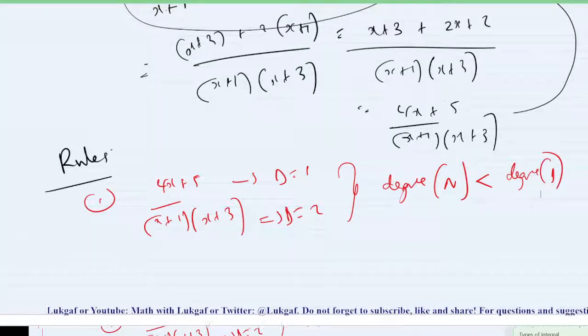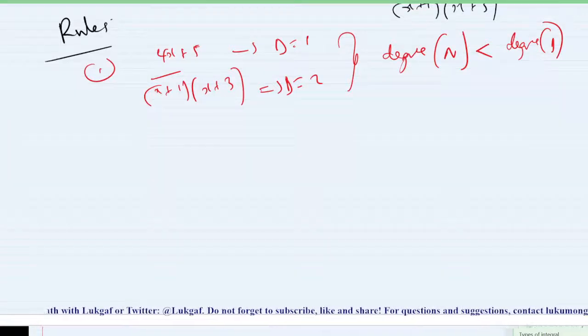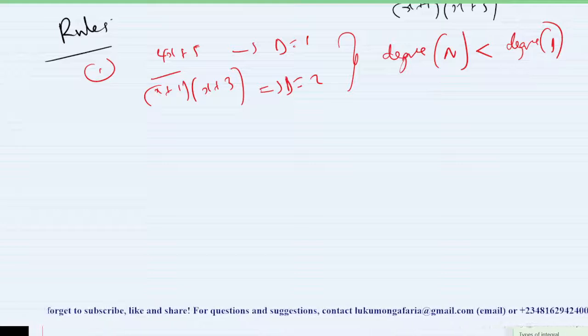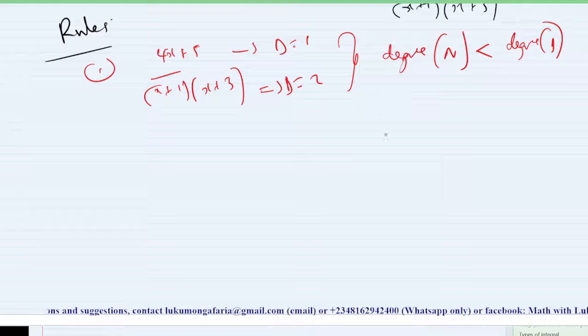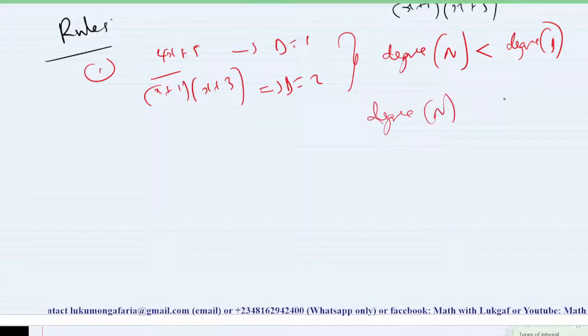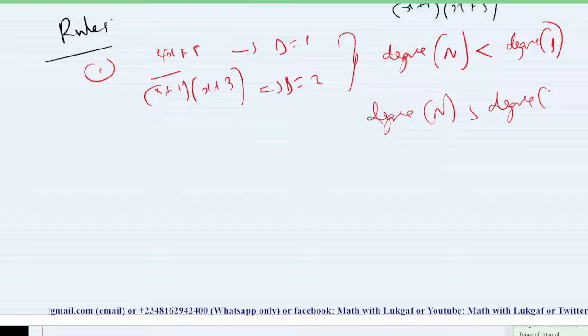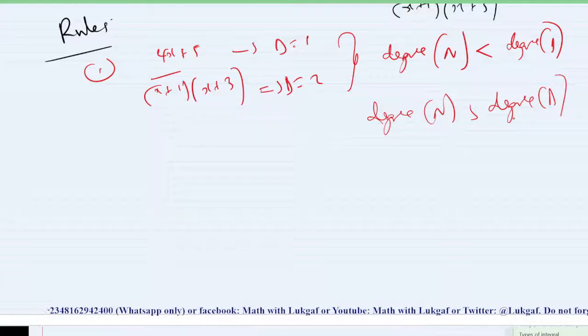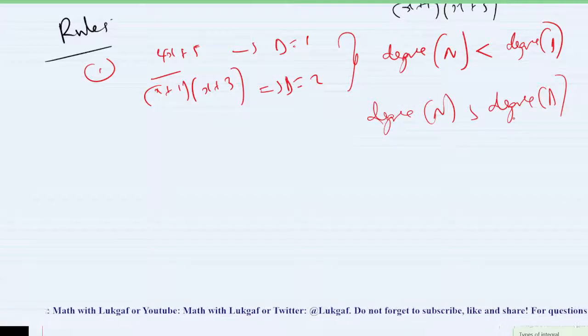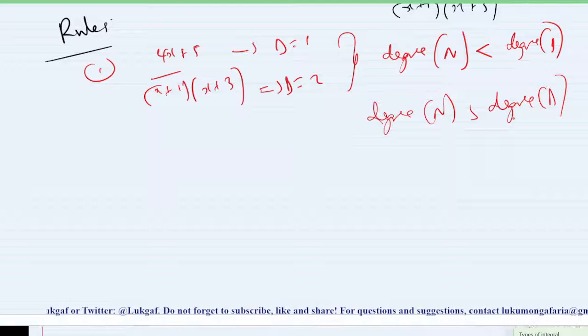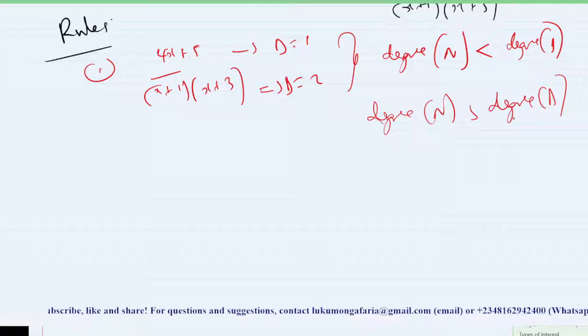But if the degree of the numerator is greater than that of the denominator, which is what? An improper fraction, then you have to reduce by long division method and write your remainder plus what you have.